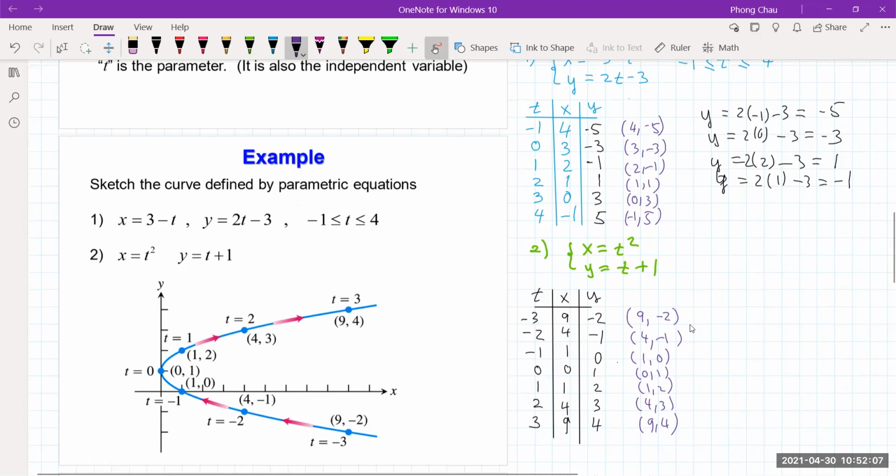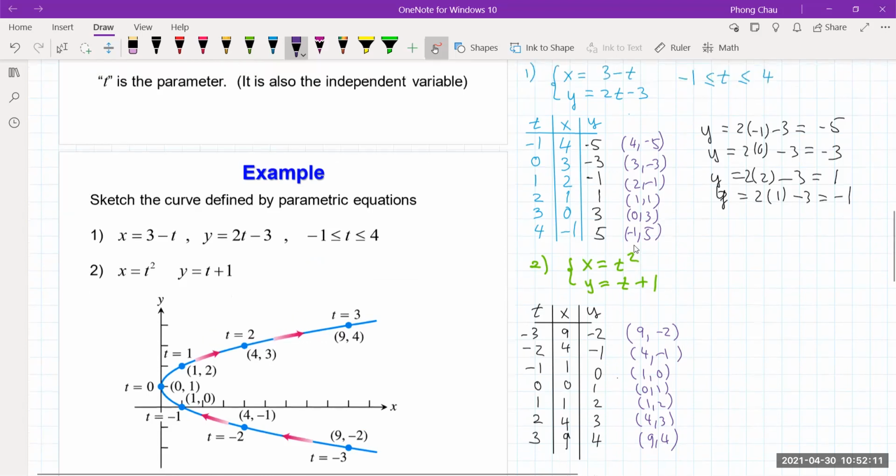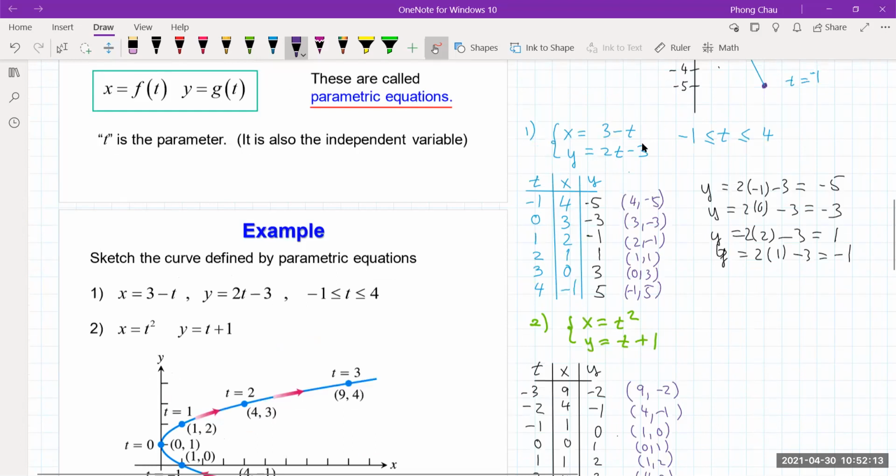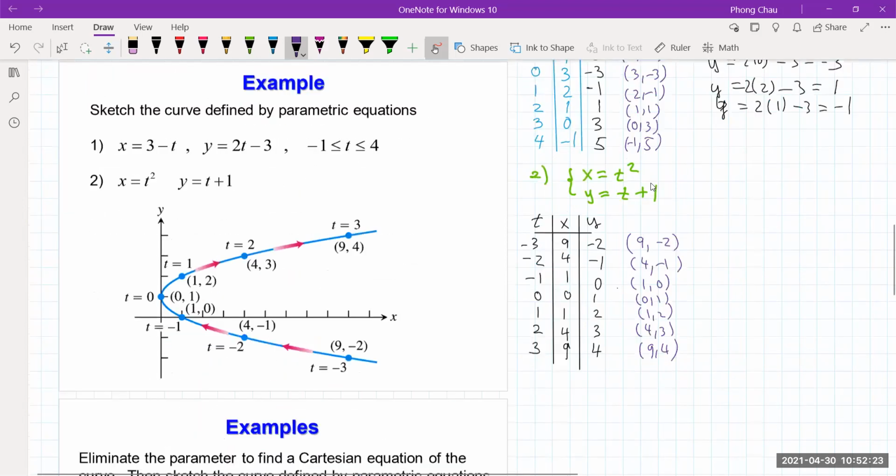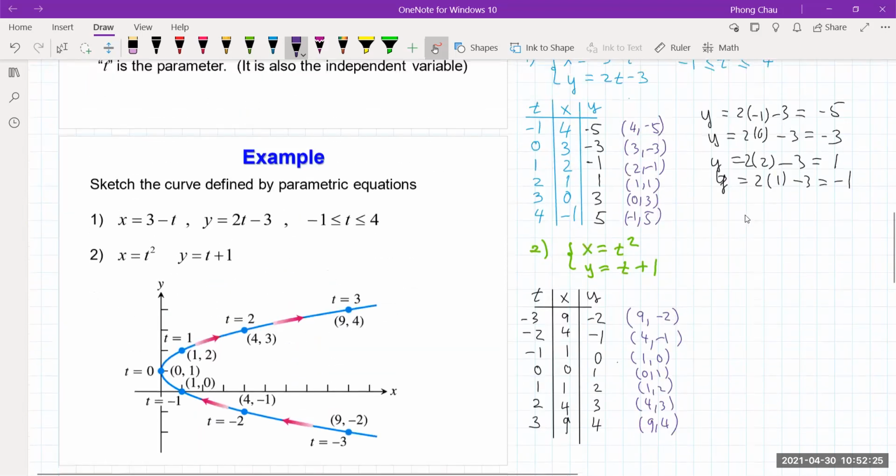So one way we could do is convert the parametric equation back to our normal equations, which we call the Cartesian equations, so that we can identify the graphs.